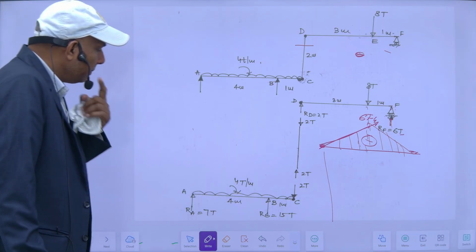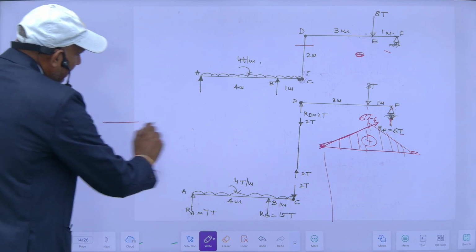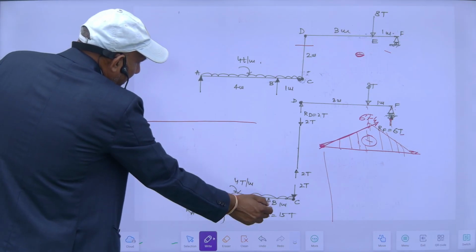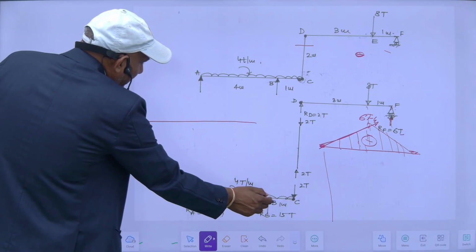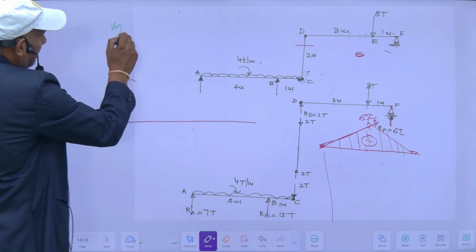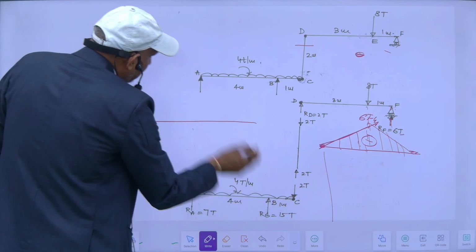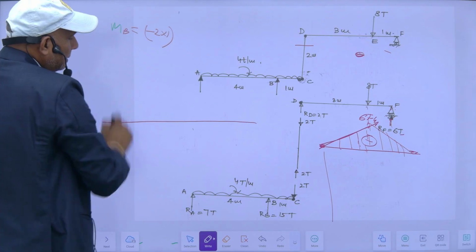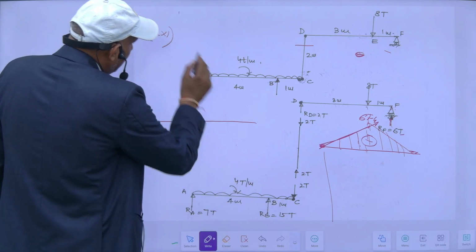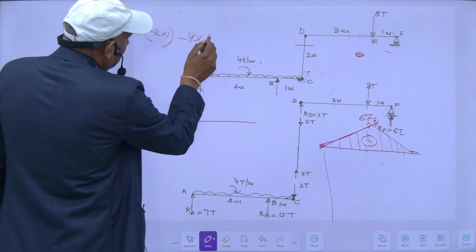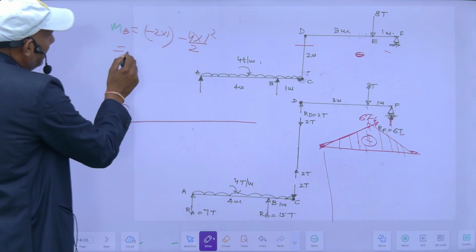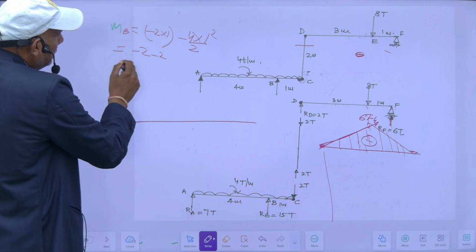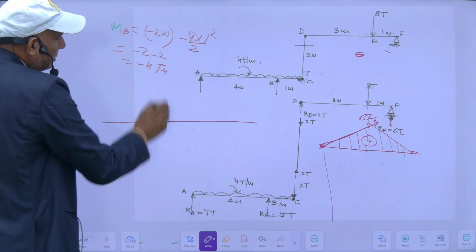And for this portion ABC, it will be very easy. I can draw it. If I see my moment at B from here, MB will be equal to 2 into 1, this is hogging, and minus 4 into 1 square by 2. So it will be minus 2 minus 2, minus 4 ton meter.